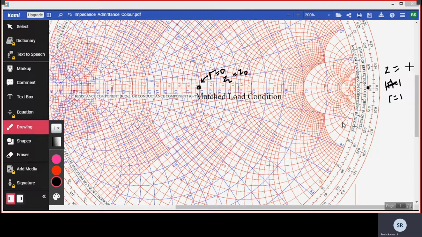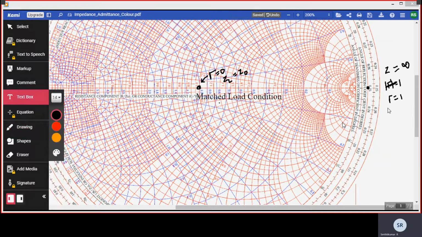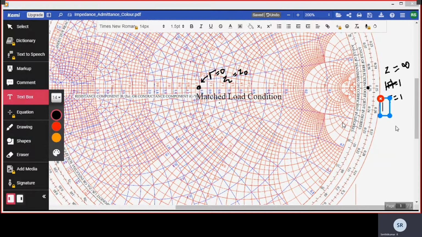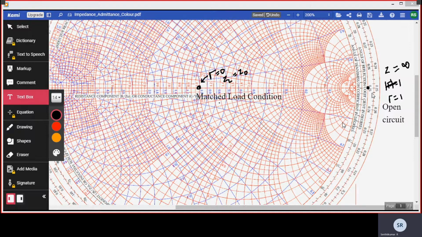Z equal to infinity corresponds to open circuit load.